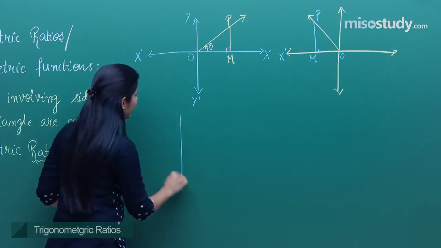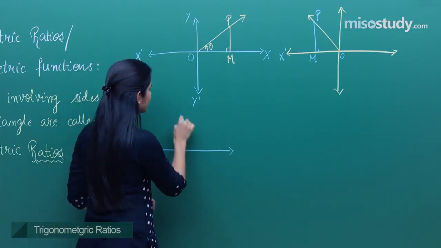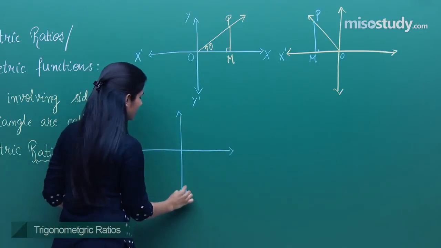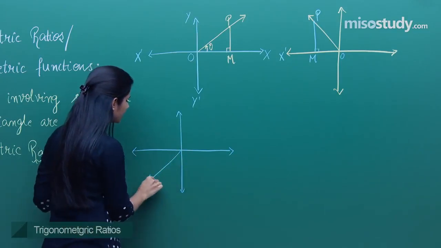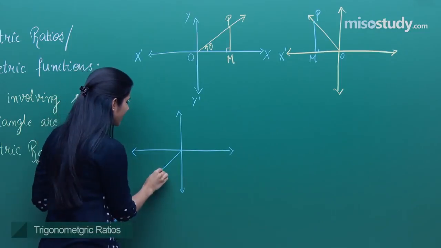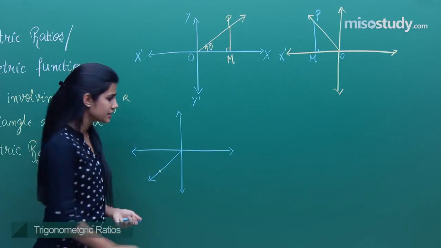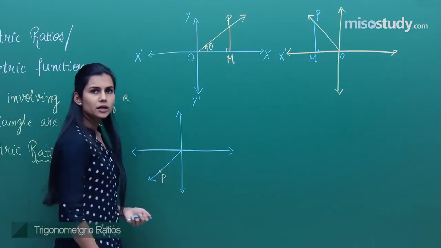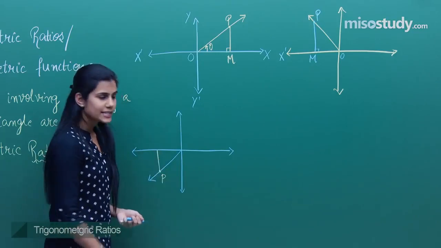The third way in which I can get my triangle of reference is if the terminal side lies in the third quadrant. Take a point P on the terminal side. We follow the exact same procedure: take this point on the terminal side and drop a perpendicular on the x-axis.